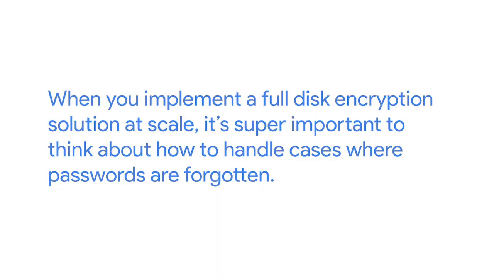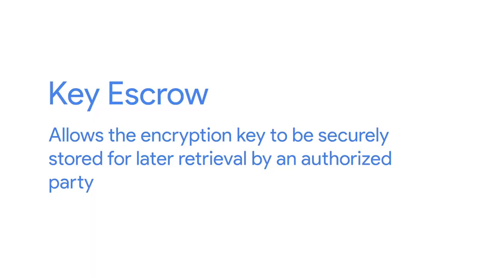When you implement a full disk encryption solution at scale, it's super important to think about how to handle cases where passwords are forgotten. This is another convenience trade-off when using FDE. If the passphrase is forgotten, then the contents of the disk aren't recoverable. Yikes! This is why lots of enterprise disk encryption solutions have a key escrow functionality. Key escrow allows the encryption key to be securely stored for later retrieval by an authorized party.